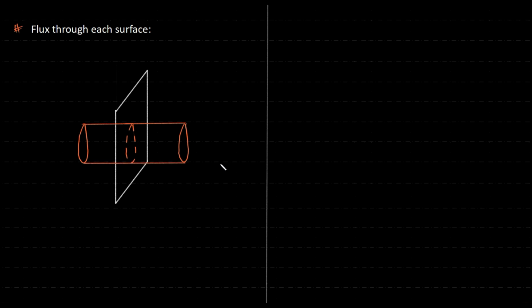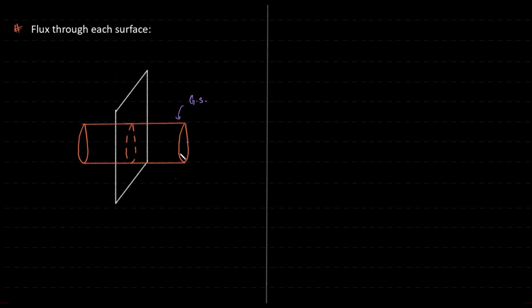Okay, so that's your Gaussian surface, and this is of radius r. It's okay, but the main thing that we have to discuss is that we have to look into the surfaces.